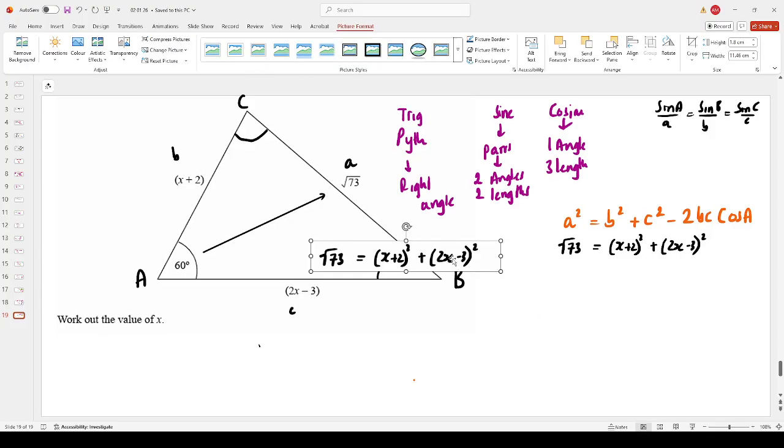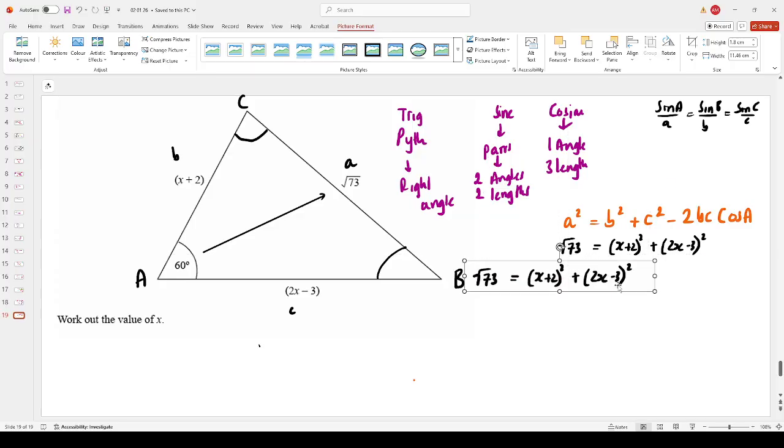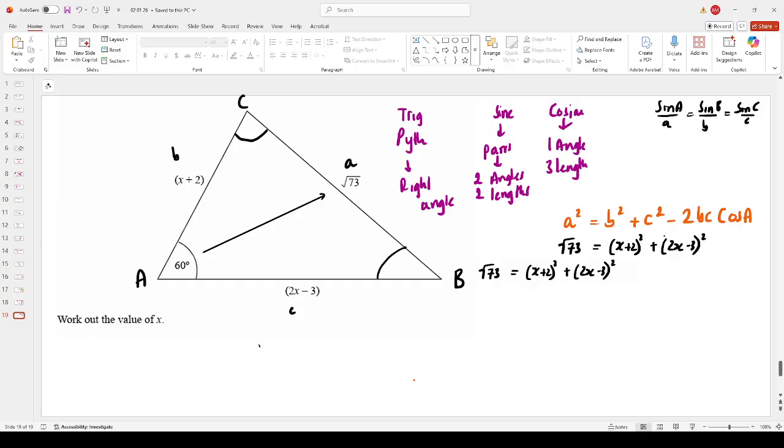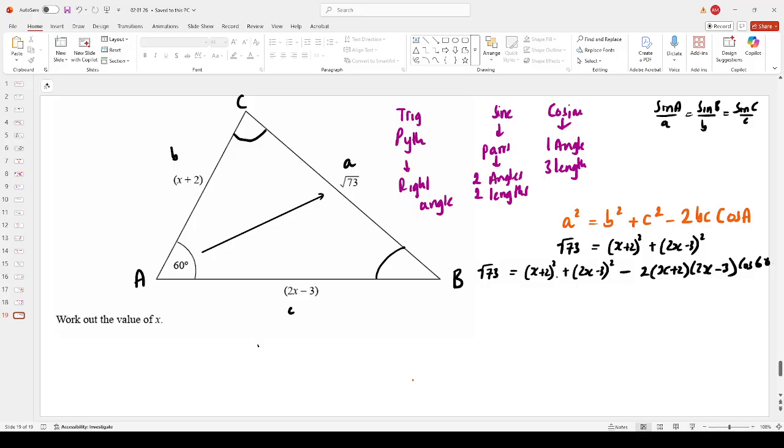Just moving it along, guys. Minus 2 times x plus 2 cos 60. Let me know in the chat if you're happy with the labeling.